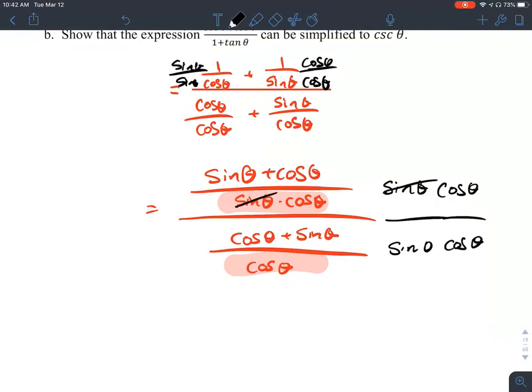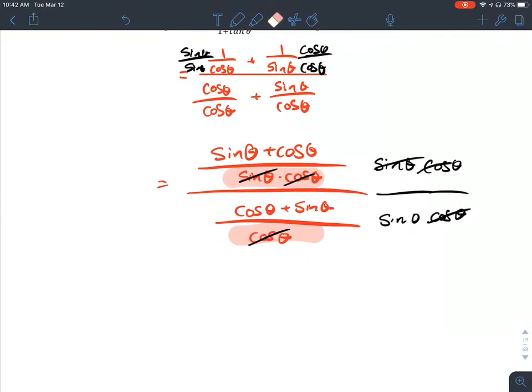That eliminates those sines and cosines. It eliminates this cosine. So what's left is going to be sine of theta plus cosine of theta in my numerator. And my denominator is going to be cosine of theta plus sine of theta times sine of theta.